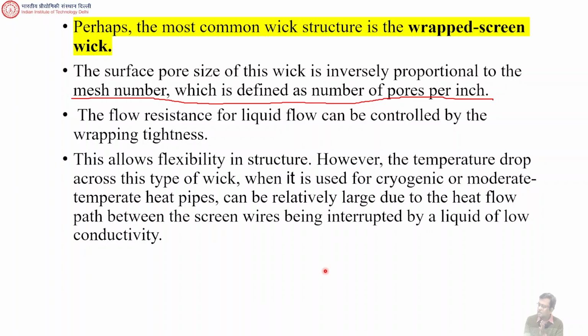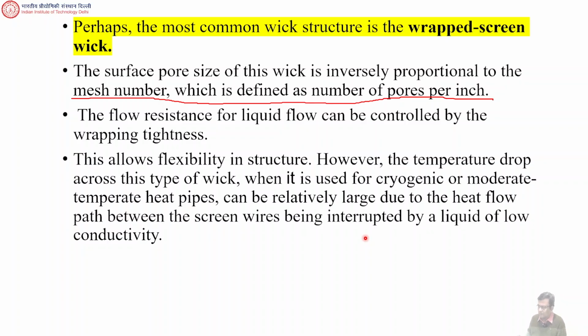So this is the sort of thinking that you should be able to do. Here, one problem with the wick structure is that the temperature drop across this type of wick, when it is used for cryogenic or moderate temperature heat pipes, can be relatively large due to the heat flow path between the screen wires being interrupted by a liquid of low conductivity.